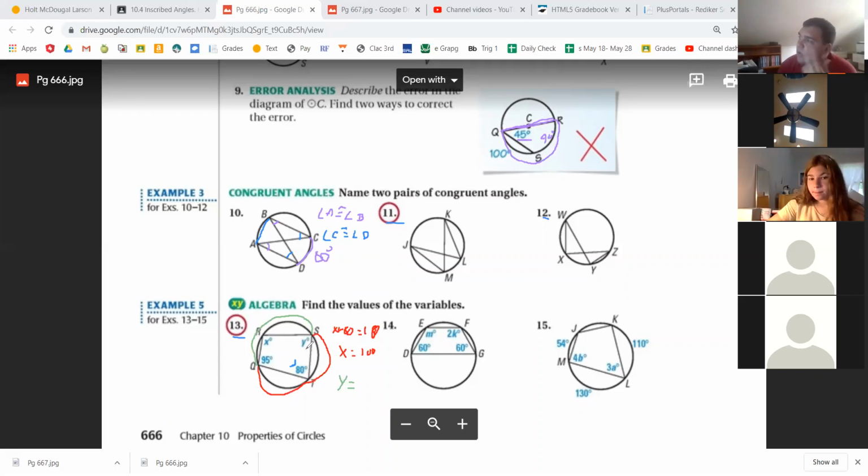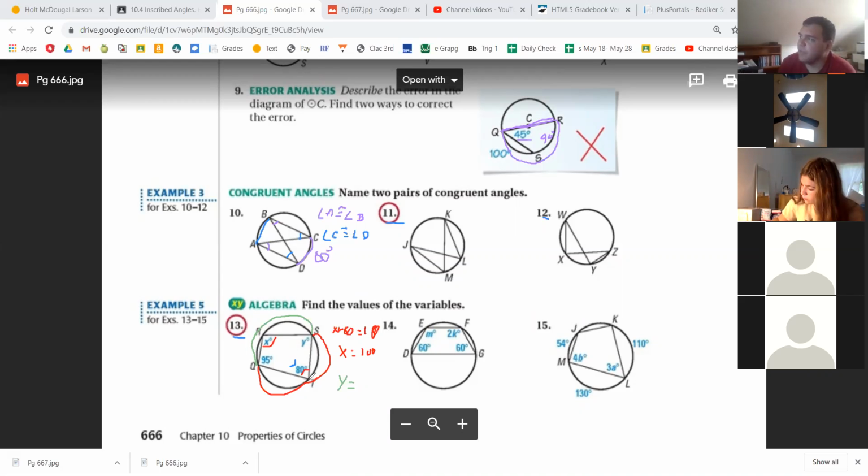Now, if it covers the whole circle, that means both of them added together should be 360. But these inscribed angles are half the size of the arc. So if the arcs add up to 360, then half of that should be the angles. So half of a circle happens to be 180. So that's why they add up equaling 180.